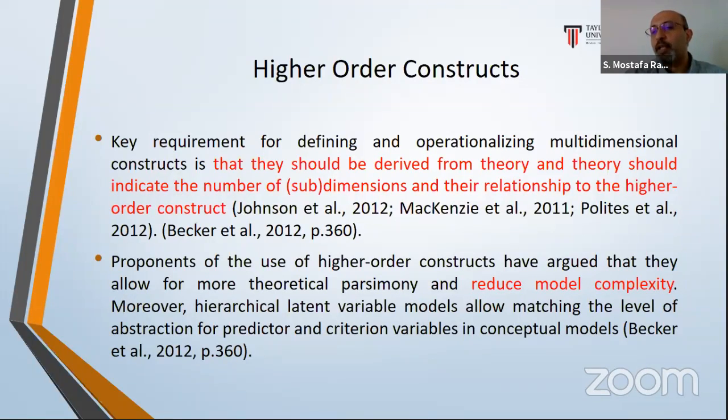It's not possible to combine some variables or constructs just because of abstraction of our framework and come out with a higher order construct. We need theoretical support for the dimensions of a higher order construct.